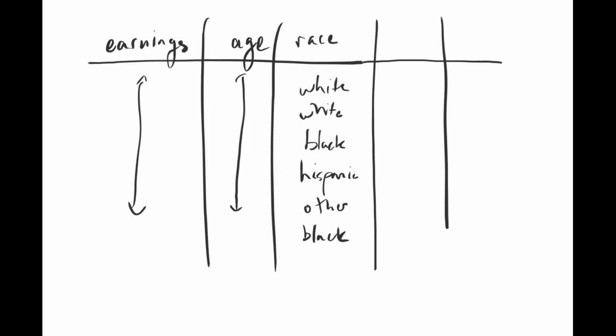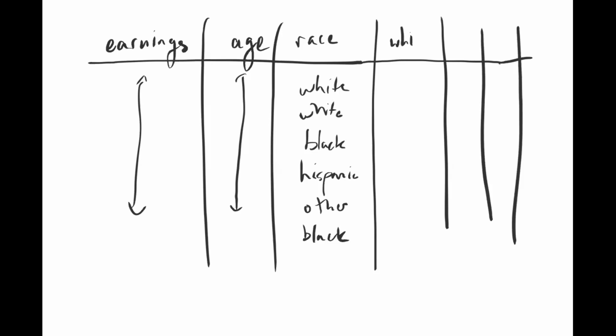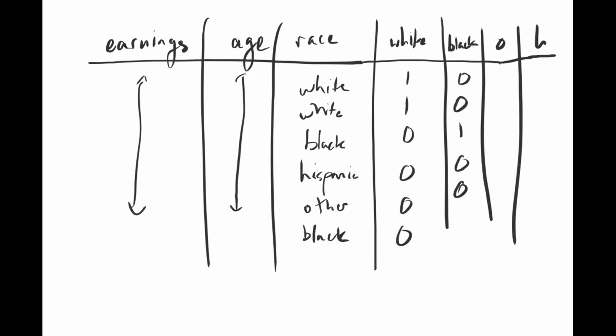The way that R treats this is much the same. So white, black, we'll just say O for other, and H for Hispanic. You would have something like 1, 1, 0, 0, 0, 0, 0, 0, 1, 0, 0, 1, and so on.